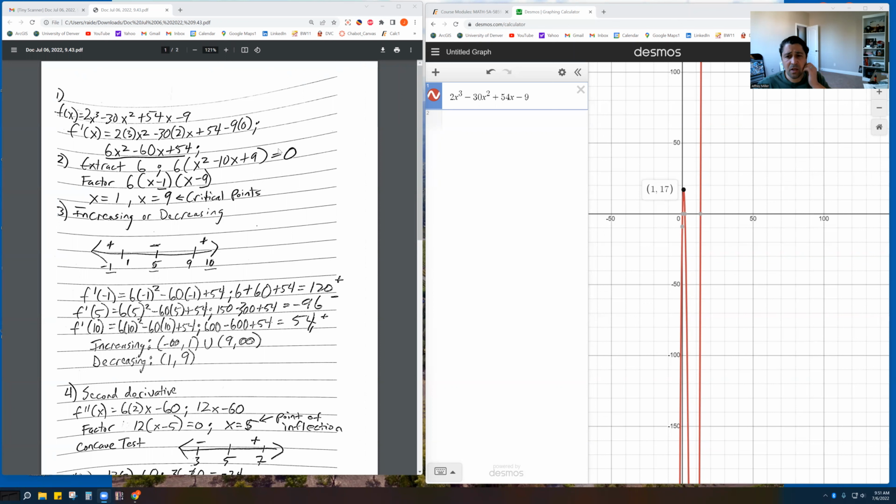To find the critical points, we should do some factoring and set everything equal to 0.